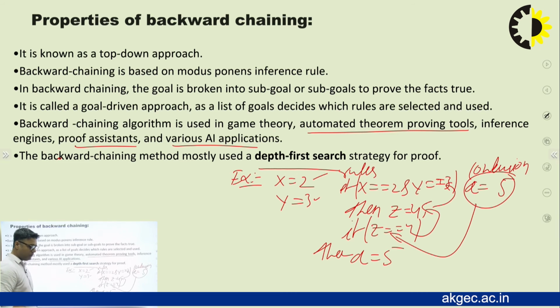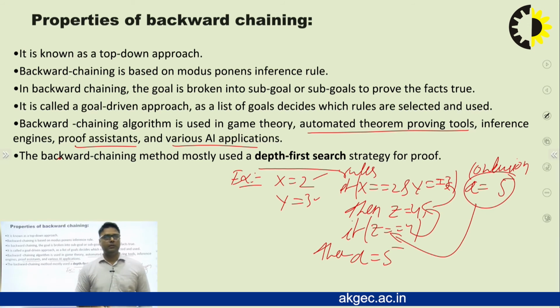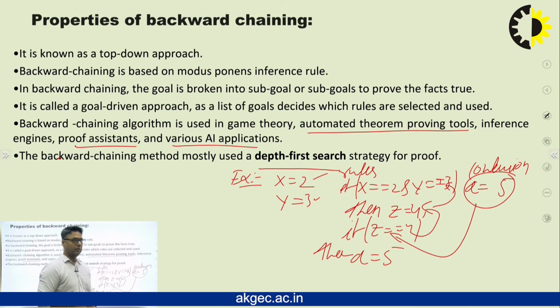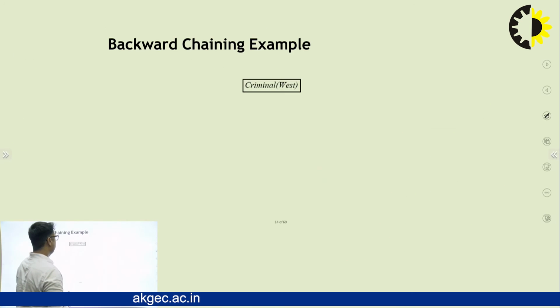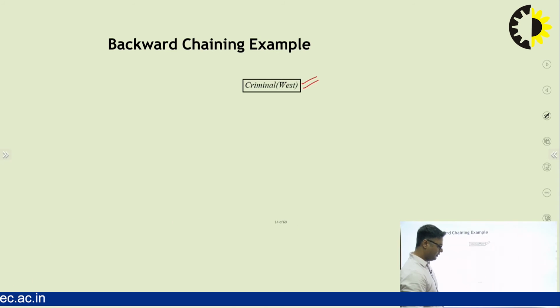In forward chaining, you start from the left-hand side, but in backward chaining you start from the right-hand side. So first my goal is: West is a criminal.